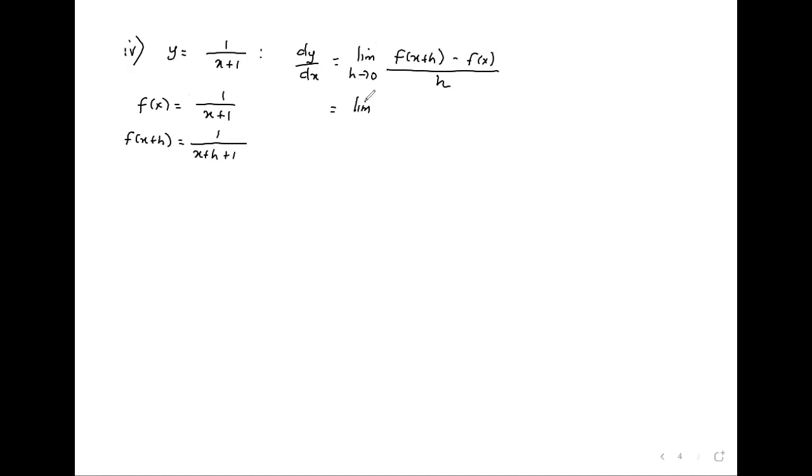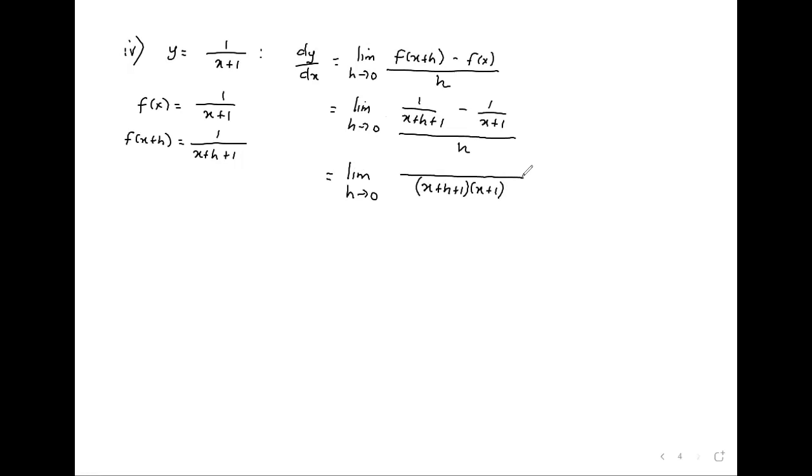This is the limit as h goes to 0 of 1 over x plus h plus 1 minus 1 over x plus 1, all divided by h. The common denominator is x plus h plus 1 multiplied by x plus 1.